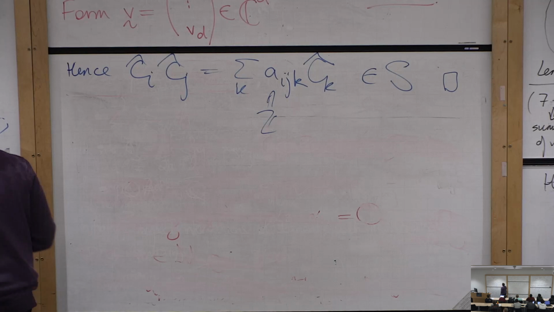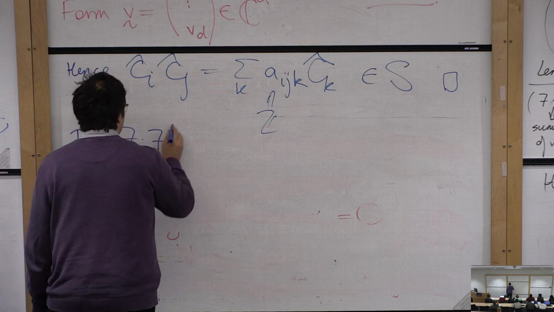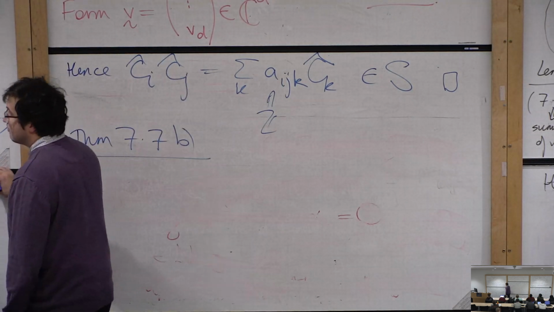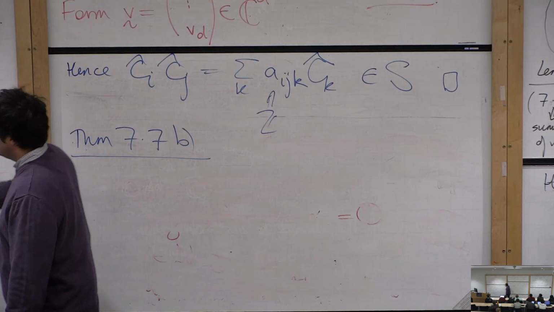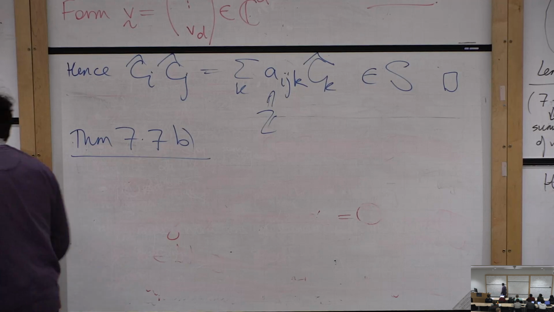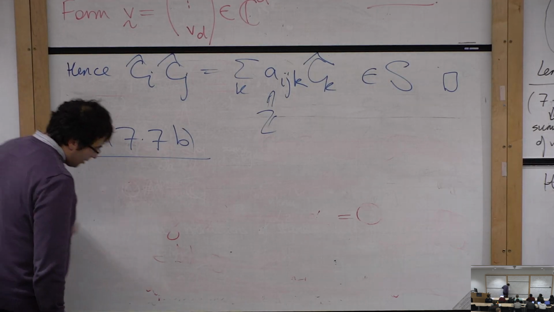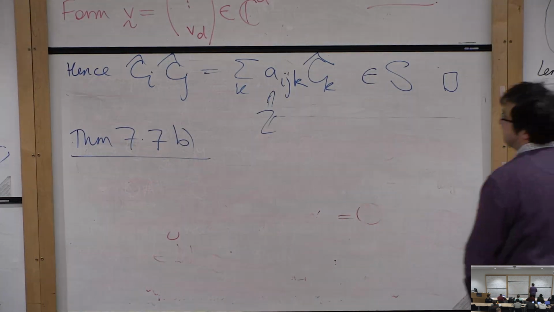So that being done, the corollary of the theorem 7.7b says, with the notation of 7.7a obviously, as the numbering suggests, the values of a central character of a conjugacy class sum is always an algebraic integer.